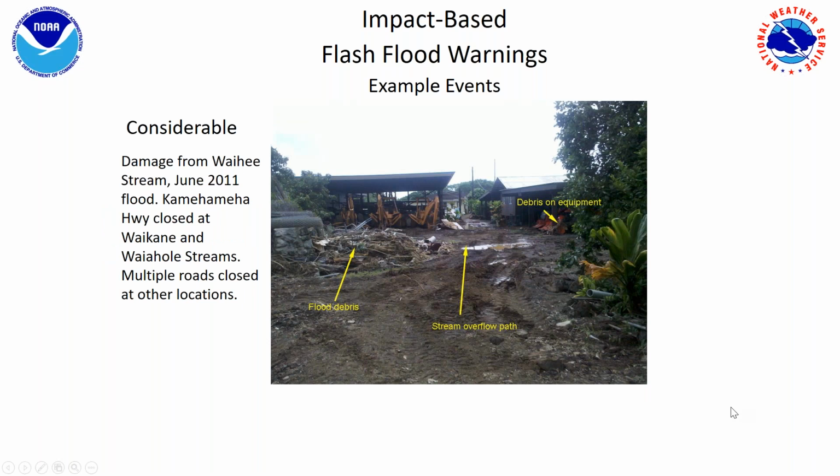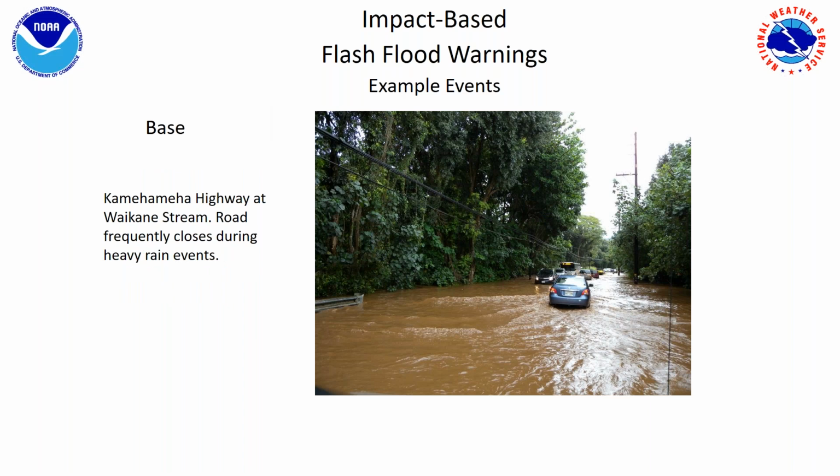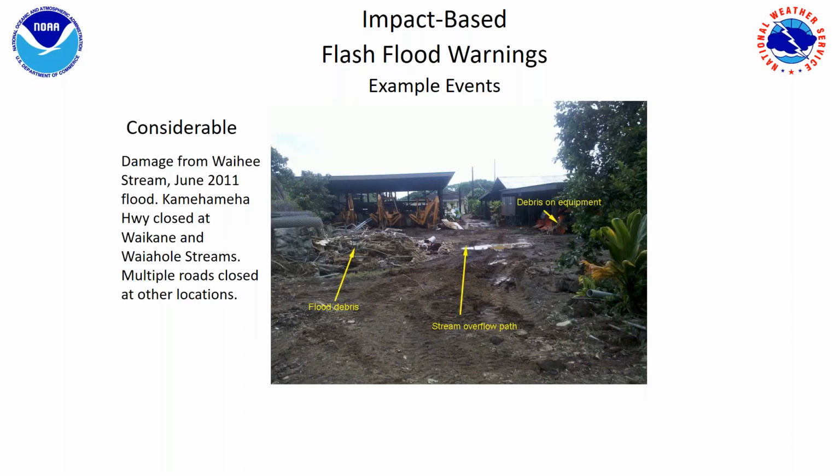Now, once things get more intense, let's say instead of that Kamehameha Highway example being the only place, now you have multiple streams causing road closures of the highway at several spots, then that may be enough to be worth upgrading it to a considerable level event.